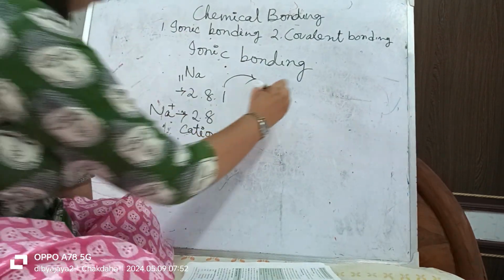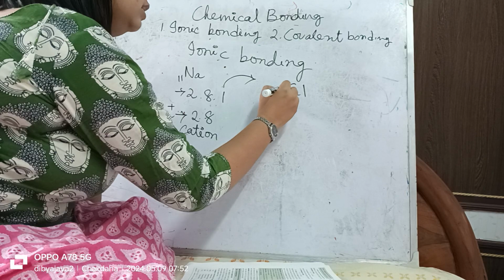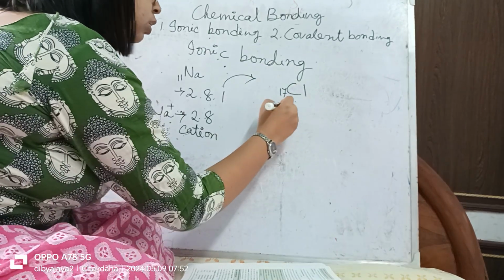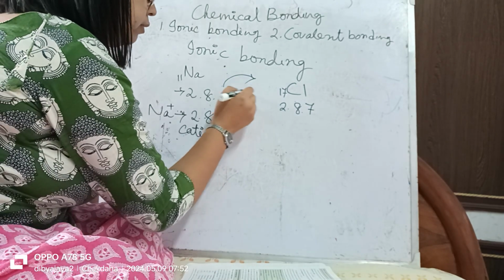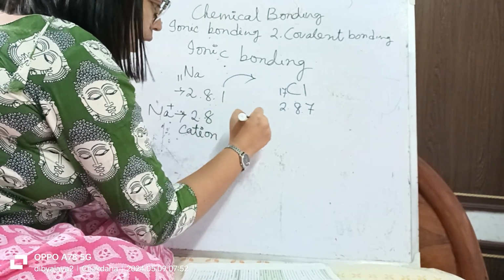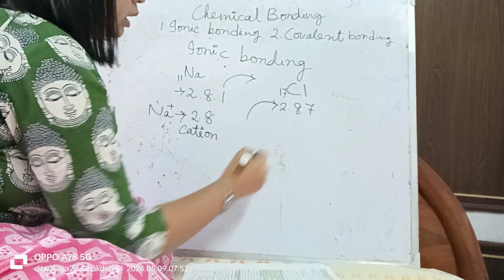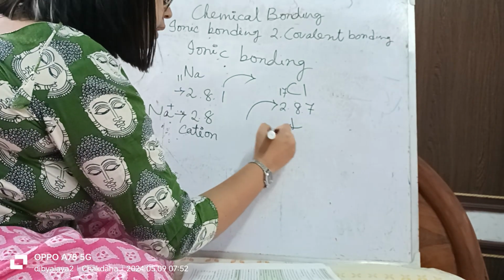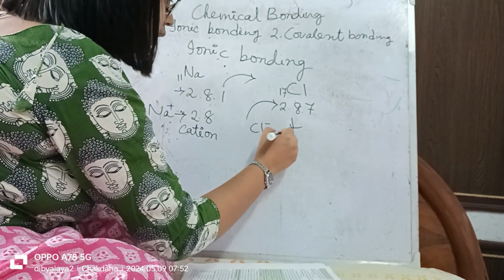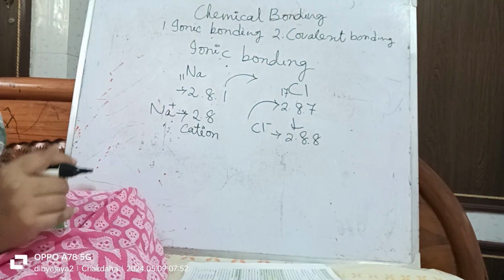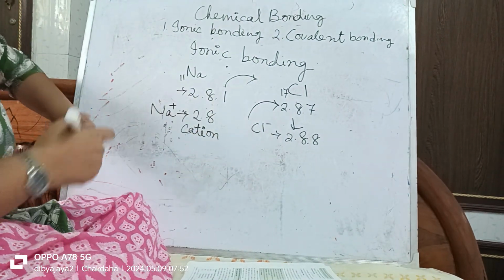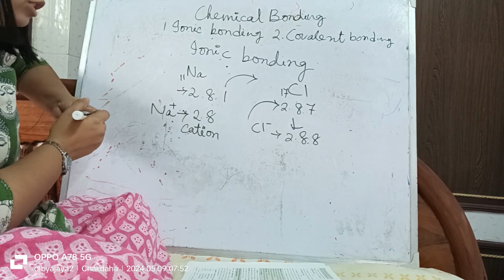Like this, Cl has 17 electrons, 2, 8, 7. So it will accept an electron from outside, and then Cl minus is converted into 2, 8, 8. They all fulfil the octet rule.